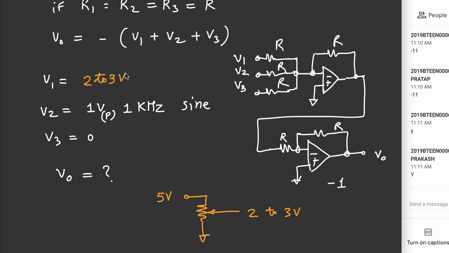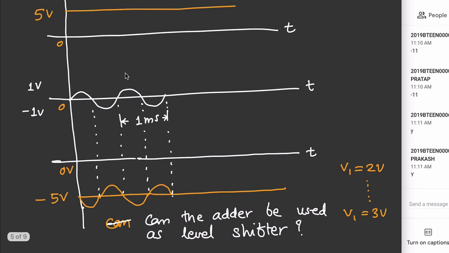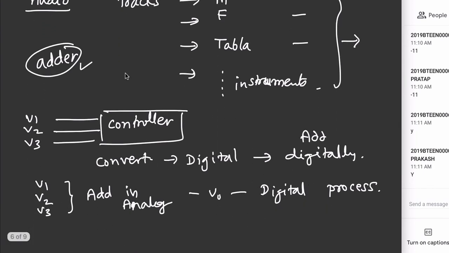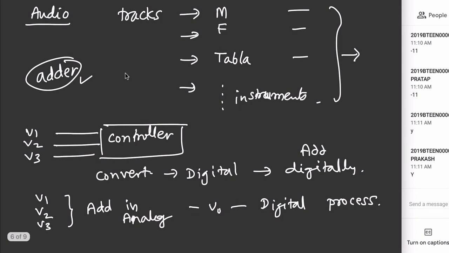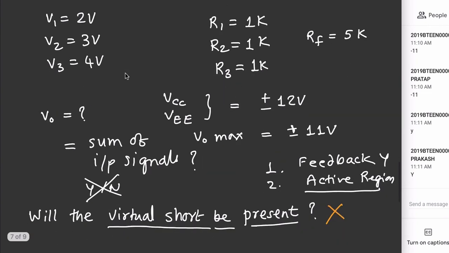Then we understood that if one of the inputs is adjustable, the output is also adjusted, so we can use it as a level shifter. Then we understood it can be used for audio signal addition. Then you can have digital domain addition also, but sometimes that is not possible, so we have to use the analog domain.